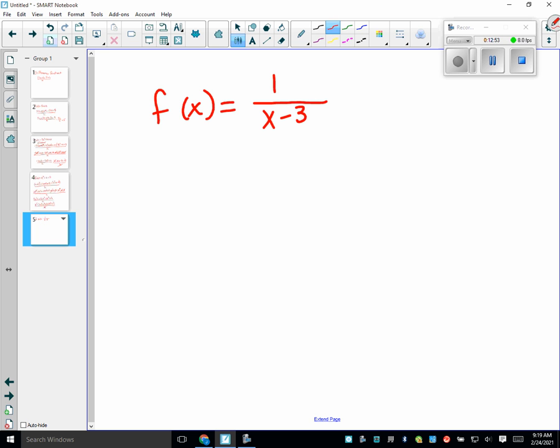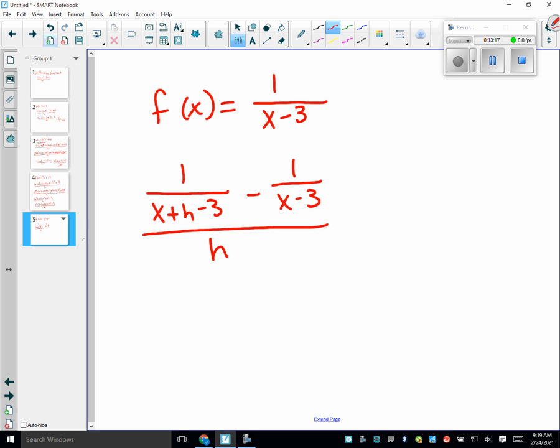There's not any like it on the problems I give you. We've got to do the difference quotient, right? Which is 1 over x plus h minus 3 minus 1 over x minus 3, over h. With me?